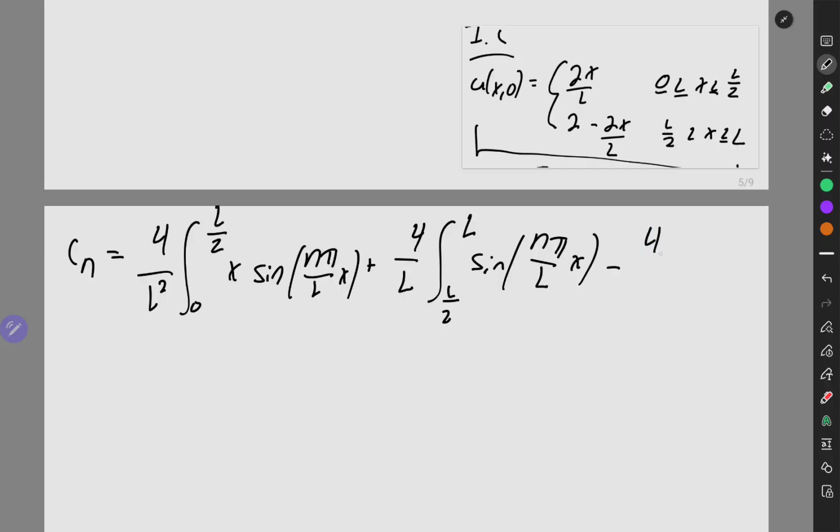Now this one's going to have an L squared like the first one. That x stays on the inside, unfortunately, just like the first one there. Sorry. Now this one's going from L over 2 to L as well. X sine n pi over L x.